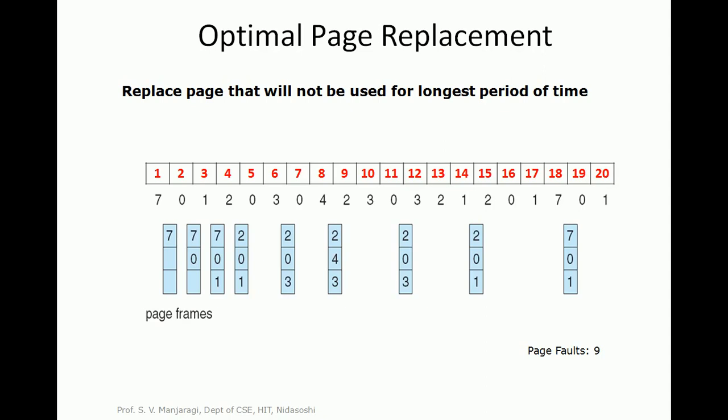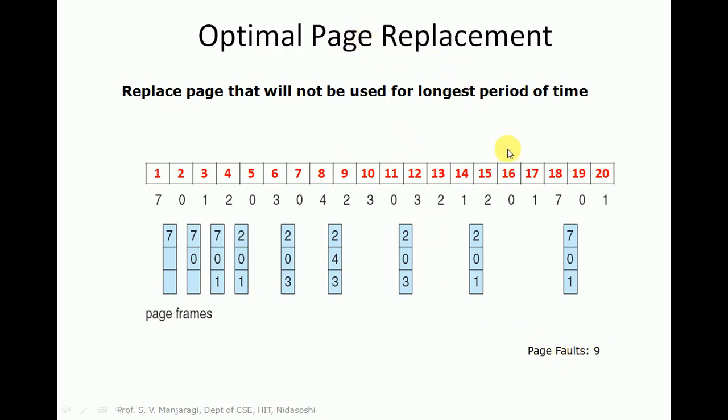The number of page faults has been reduced in the optimal page replacement. For the same reference string, if you apply the FIFO algorithm, the number of page faults was 15, but in the optimal page replacement we got page faults as 9. So the number of page faults has been reduced here in case of optimal page replacement.